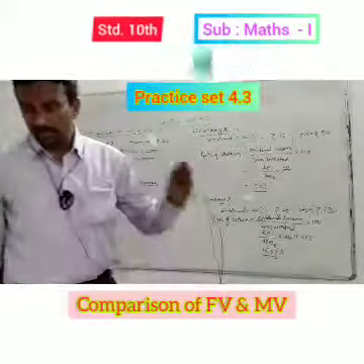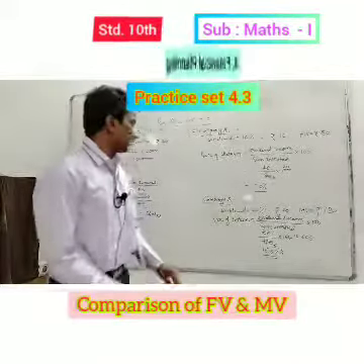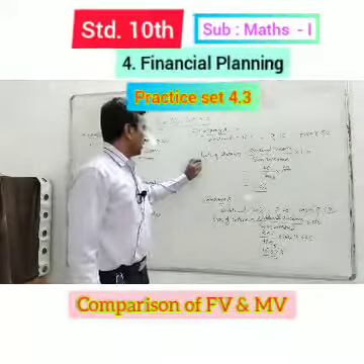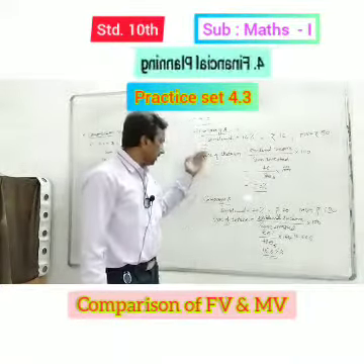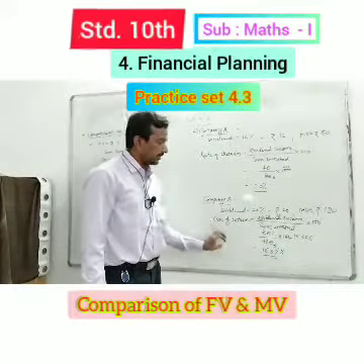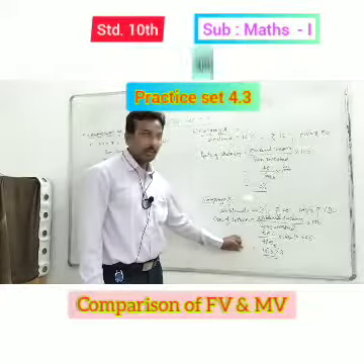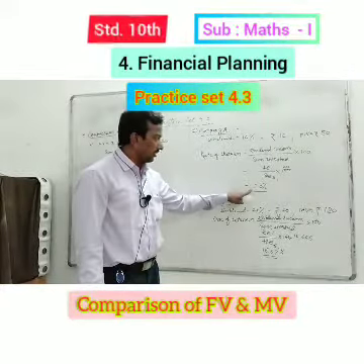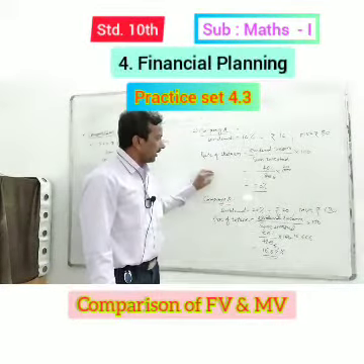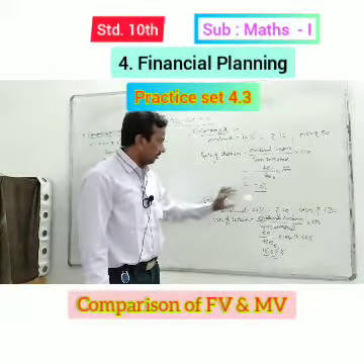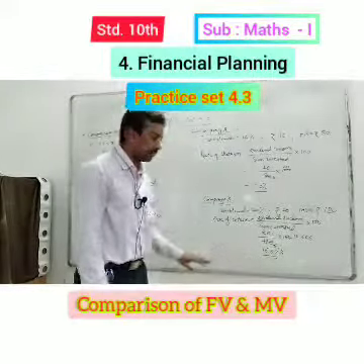Now face value of both the shares is same. Now investment in company A, rate of return is 20% for company A, and in company B rate of return is 16.67%. Means which is more profitable? We know rate of return is more in company A. This 20% and this is 16.67%.